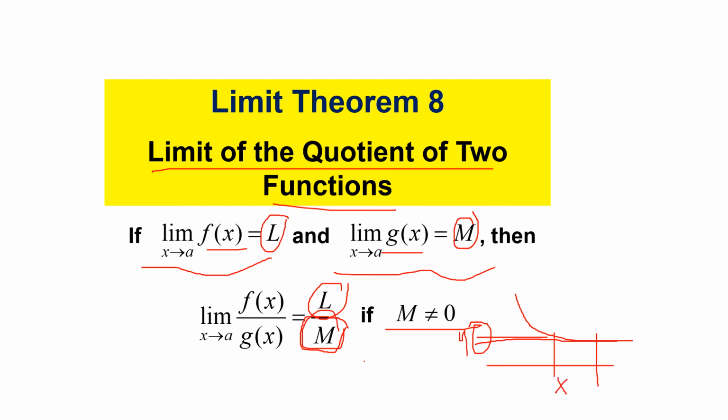So meaning to say, when x approaches a, there should be a value of the limit not equal to undefined. We need to satisfy this condition for us to have a value which is not equal to undefined. So the value of your denominator, or the resulting limit of g of x as x approaches a, should be less than or greater than 0.